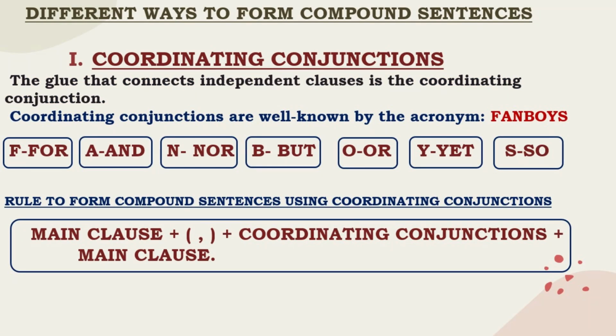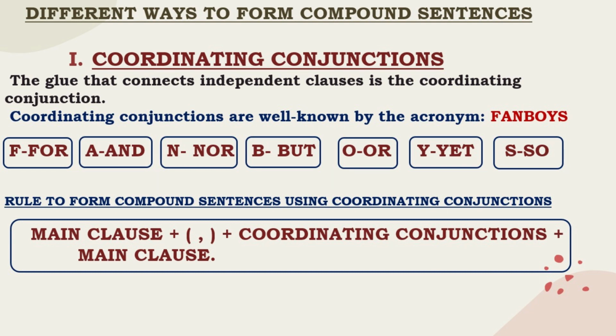There are different ways to form compound sentences. The most common way to form compound sentences is by using coordinating conjunctions. Coordinating conjunctions go by the acronym FANBOYS, where F stands for for, A for and, N for nor, B for but, O for or, Y for yet, S for so.